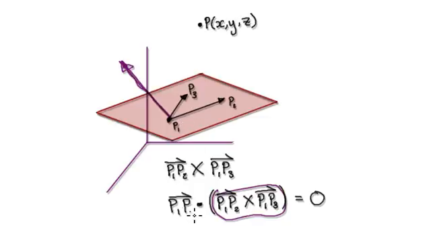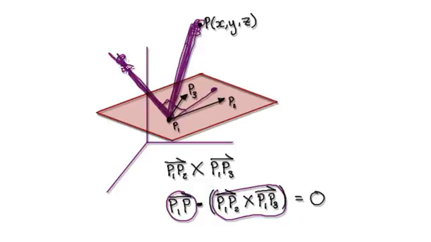Now, look at your general point P, from P1 to P. This represents this vector here. If you demand that this vector be perpendicular to the normal vector, then the point will lie on the plane.